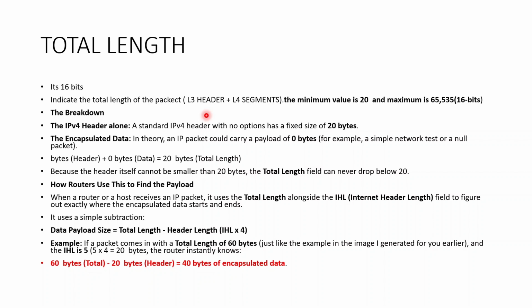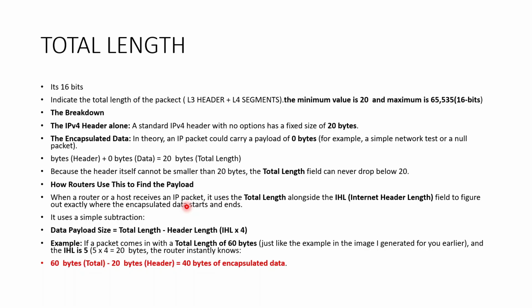For example, when the router receives a packet with a total length of 60 bytes, let's look at a very simple formula used by the router in order to forward that packet. For the router to discover the data payload size, it uses this formula: the data payload size equals the total length field received by the router, minus the IHL field multiplied by 4 bytes. Remember, we said the IHL field is incremental by 4 bytes.